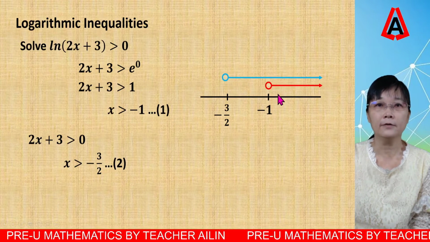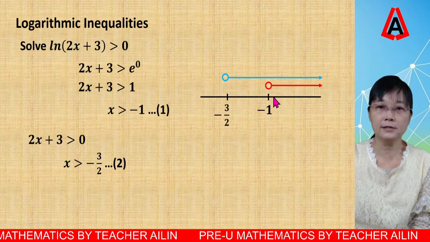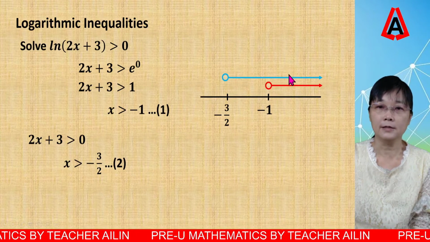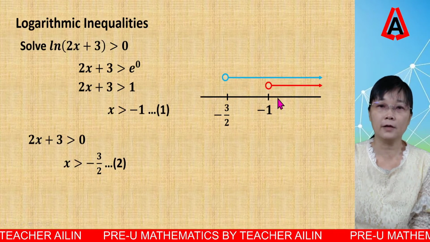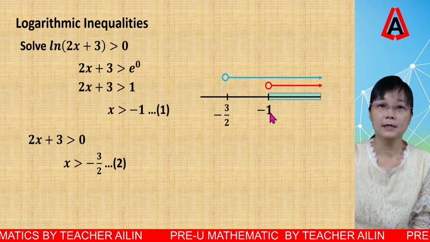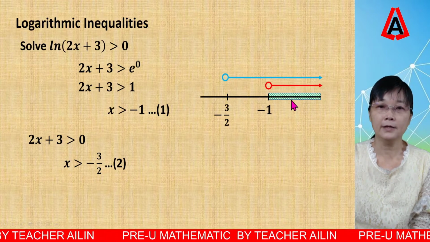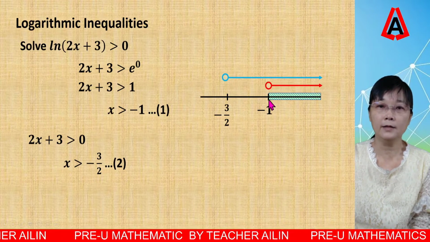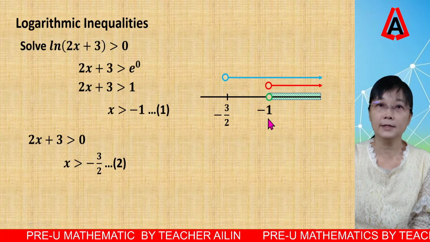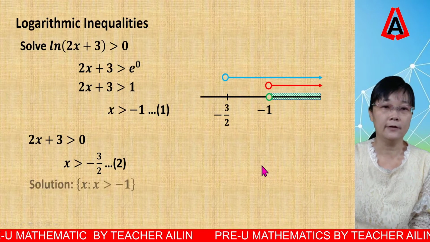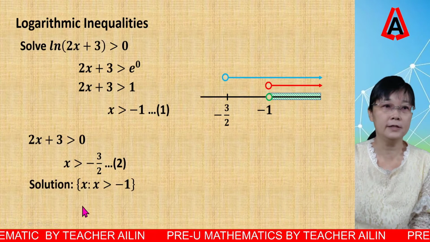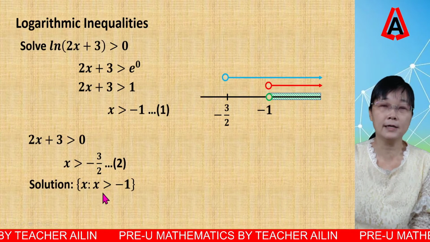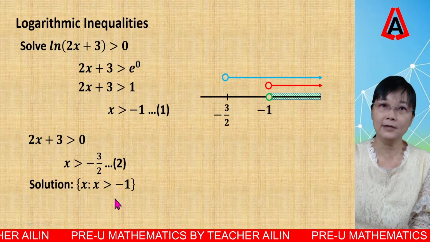So the final range of values of x is where there is the intersection between these two arrows. That is, x is greater than negative 1 but not including negative 1. So therefore, the solution for this inequality is x greater than negative 1.